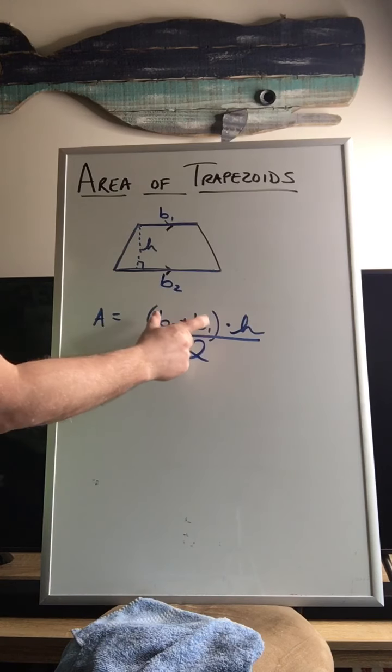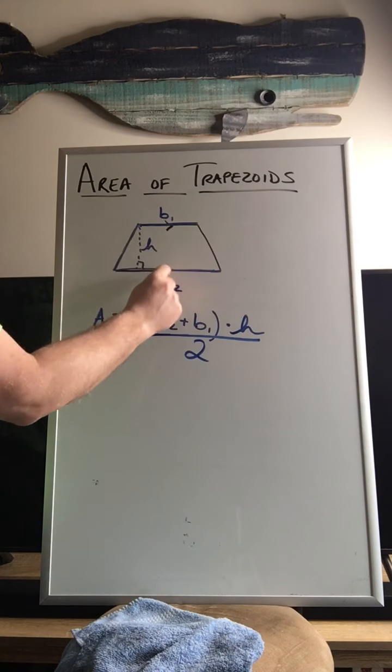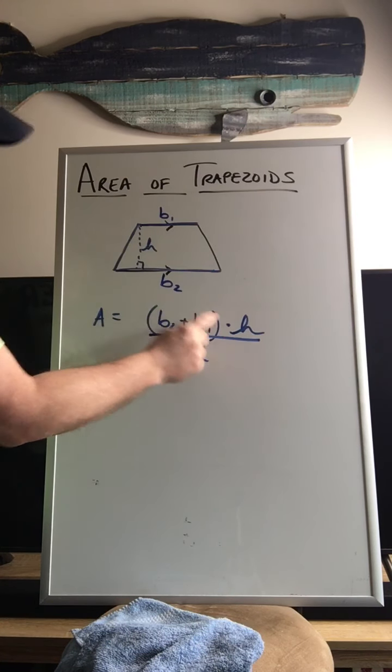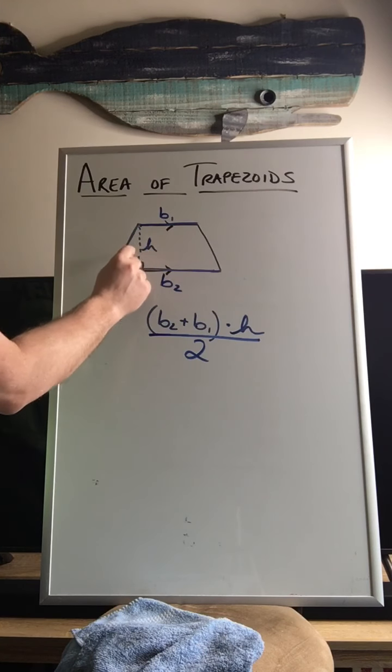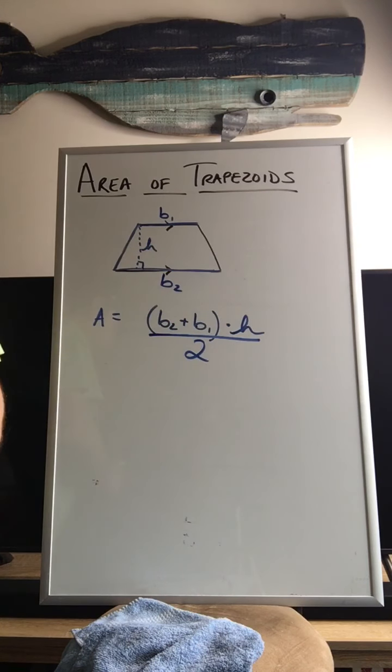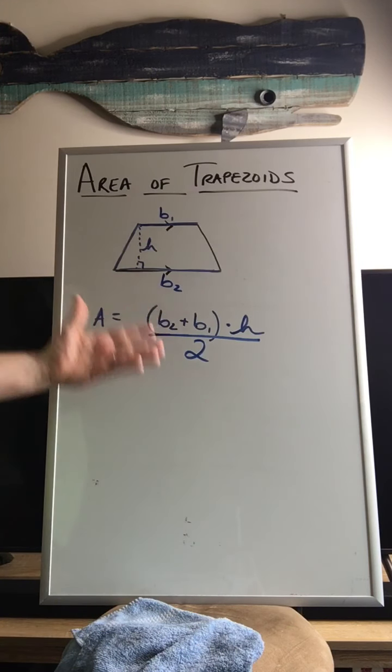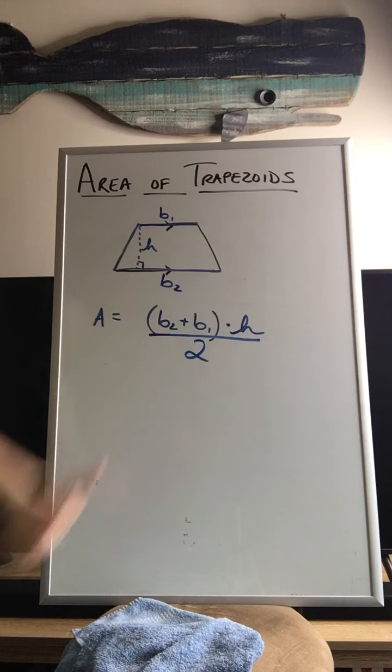You add the two bases, the top one and the bottom one together, multiply by the height, and then divide by 2, okay? So it's a little bit of a more complicated formula, but like I said, you don't need to worry because you don't need to memorize it. You just need to be able to use it. If you have a trapezoid, you use that formula.